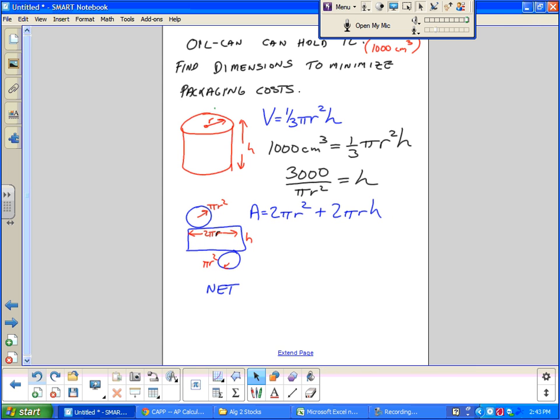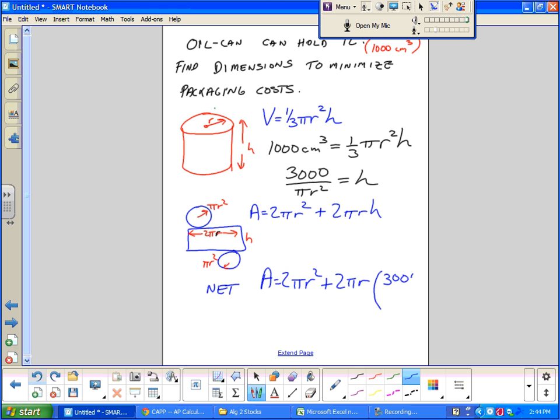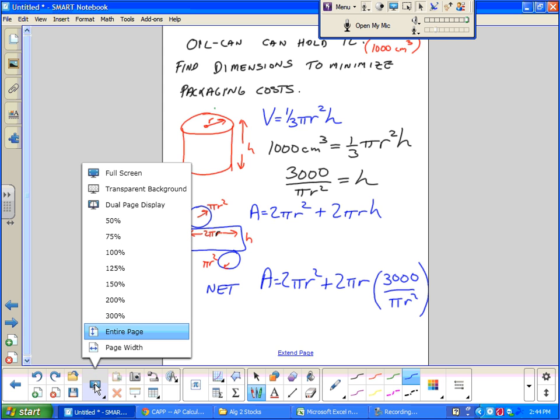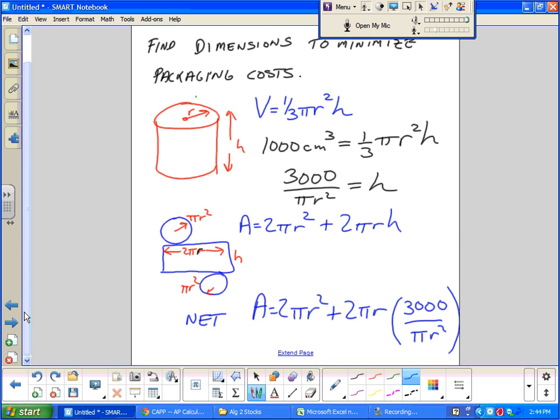When we optimize, we have to get to 1 variable. So if I get the new equation, I'm going to write A equals 2 pi r squared plus 2 pi r, and H is 3,000 over pi r squared. And I can do some simplification. I'm going to change the view down to about 75% so we can see it.